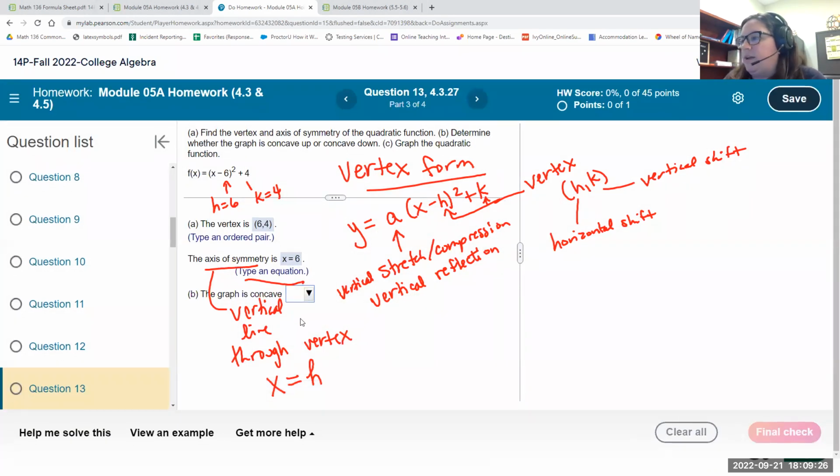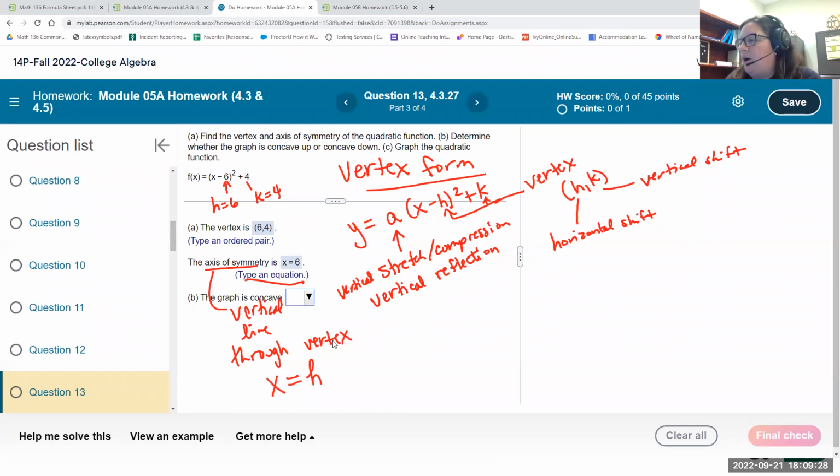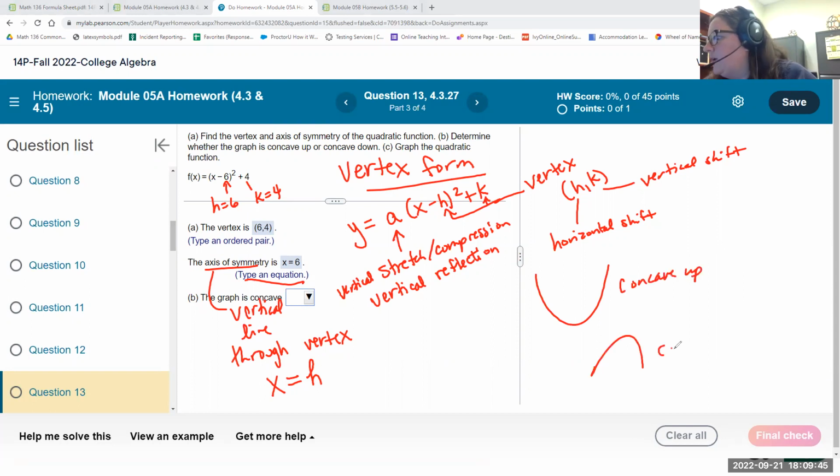All right, then we have the concavity. So concave, think of cave. You see that we're cutting cave there. So it's like, is the cave opening upward or downward? So you have two possible parabolas. You have this, and that would be concave up. And then you have the concave down if it's flipped.